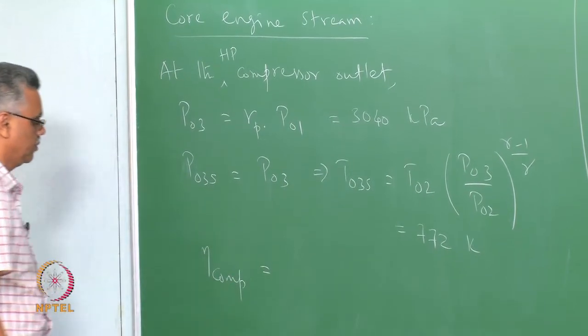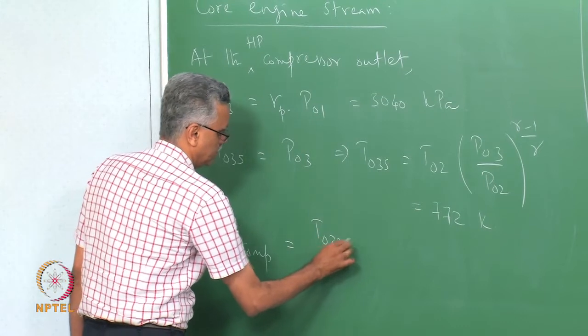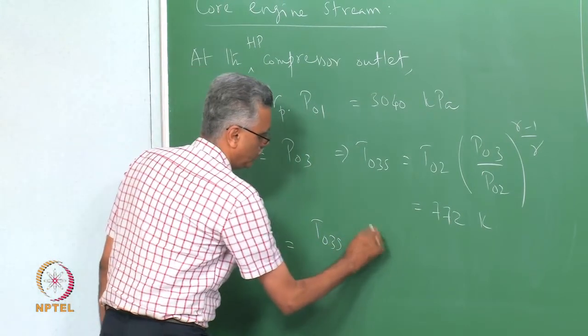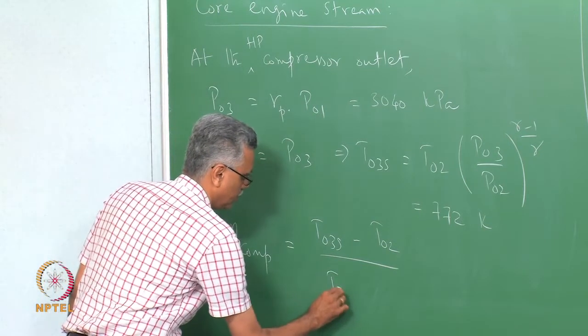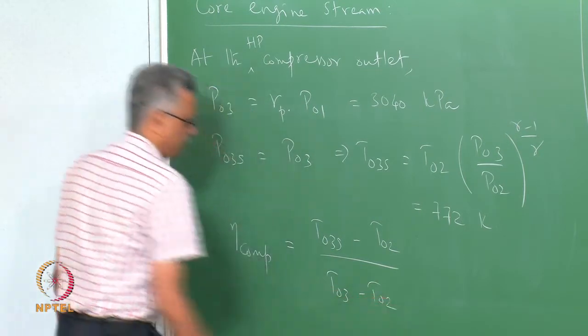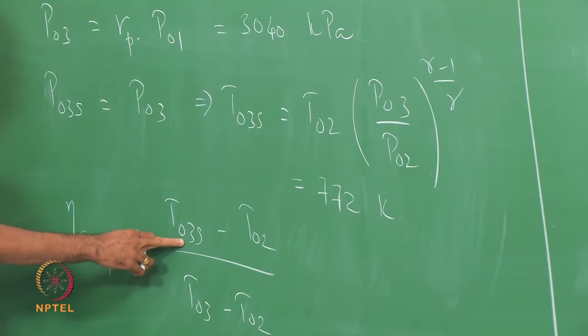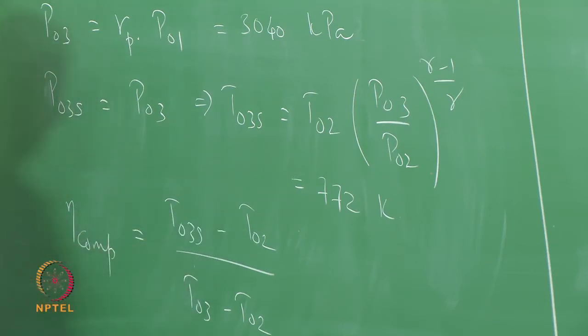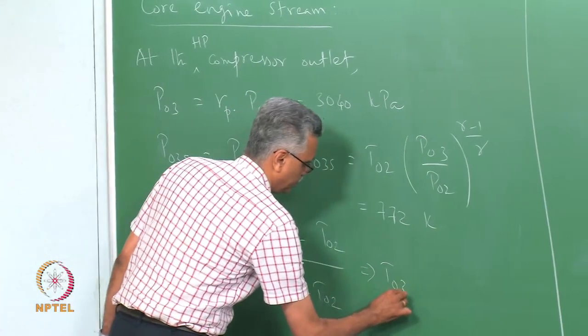Okay. Now, the efficiency of the compressor, if you recall, is given as T03S minus T02 divided by T03 minus T02. Now, I know efficiency of compressor is given, T03S is known, T02 is known. So, I can calculate T03 from this expression. If I go ahead and do that, what do I get for T03?